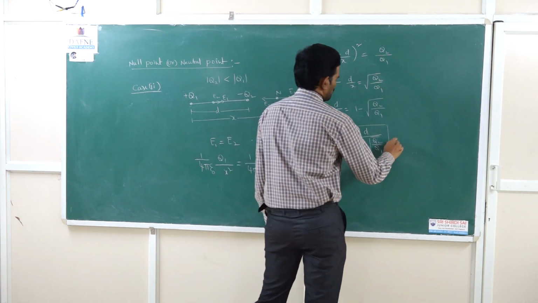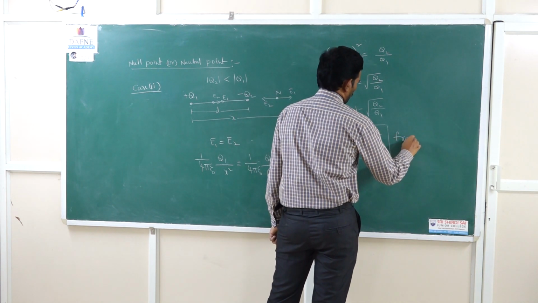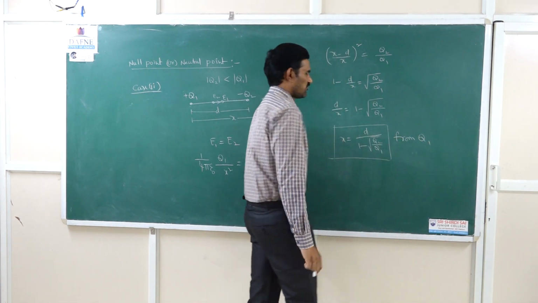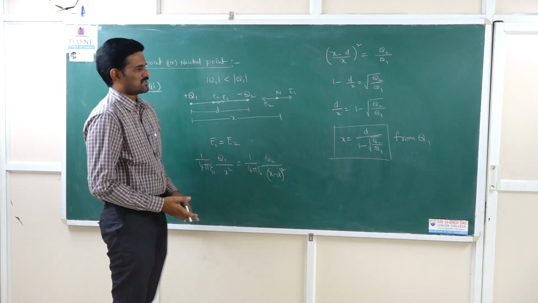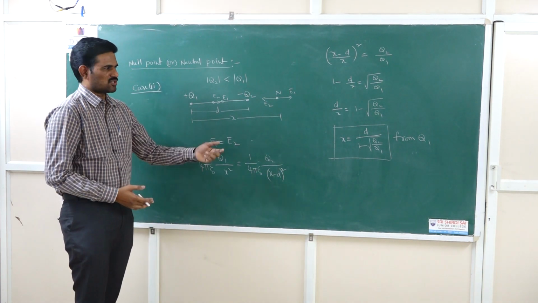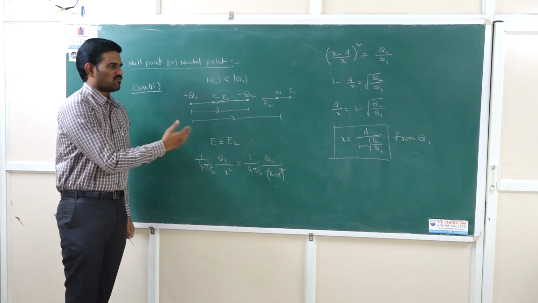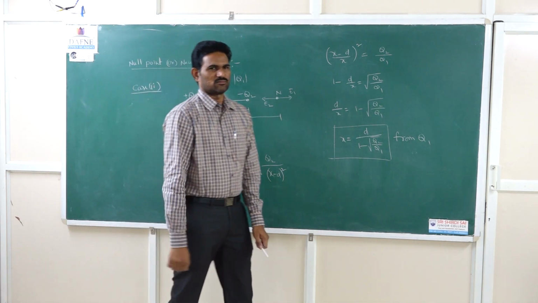So this is again the distance of the neutral point from Q1, measured from Q1. For Q2, you need to write x minus d as the distance. So that is the way of calculating the neutral point there.